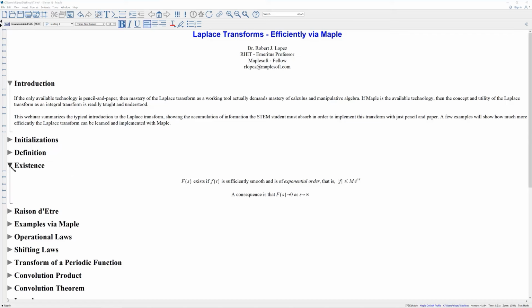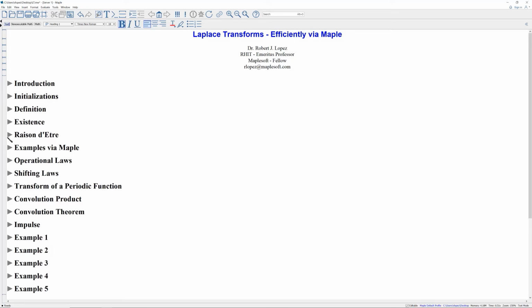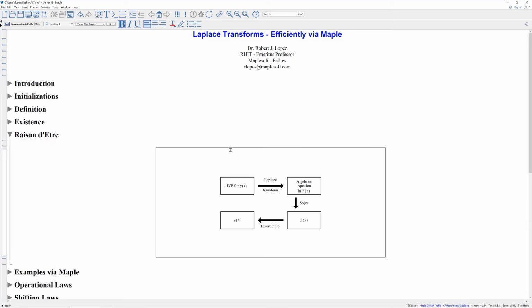So what's the reason for Laplace transforms? Why do people use them? Well, in a differential equations course, you see a diagram like this in almost every text that treats it. You have an initial value problem for a function y of t.